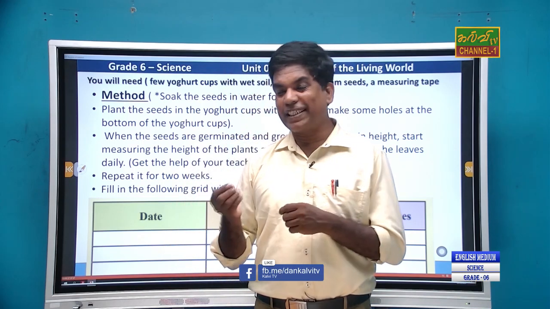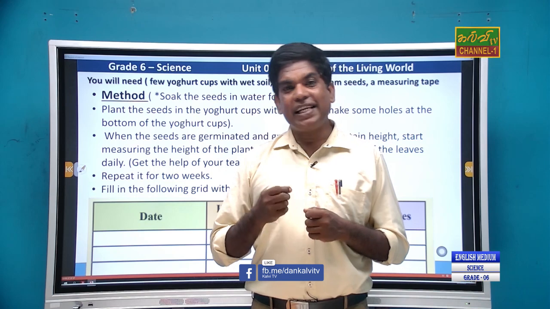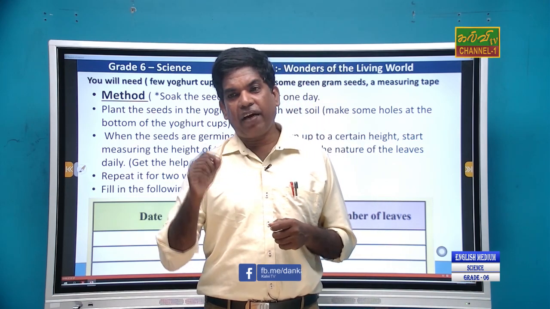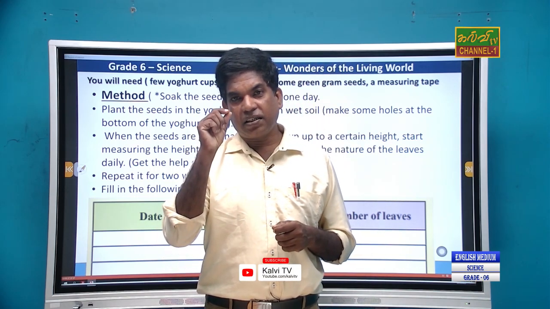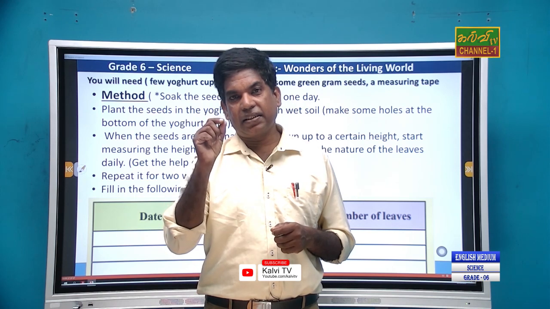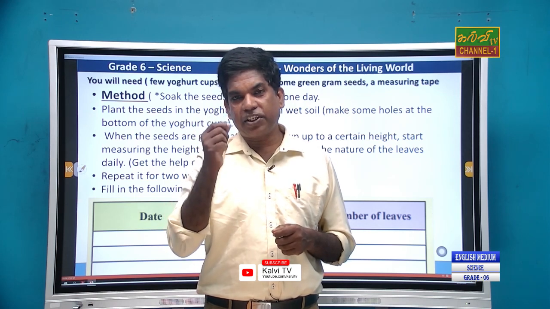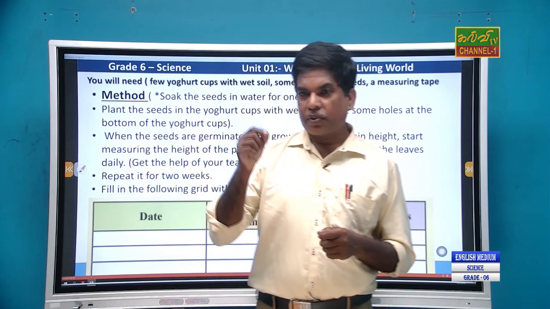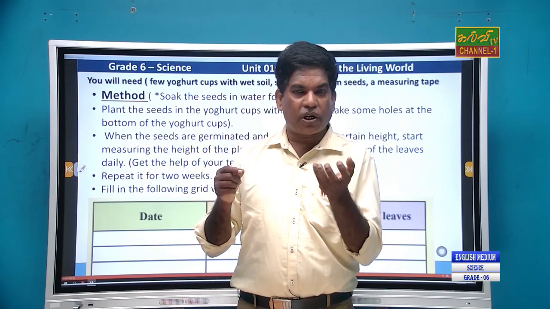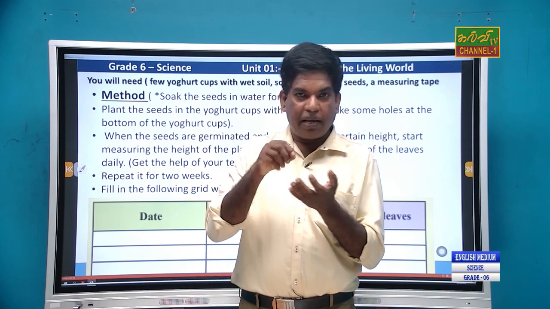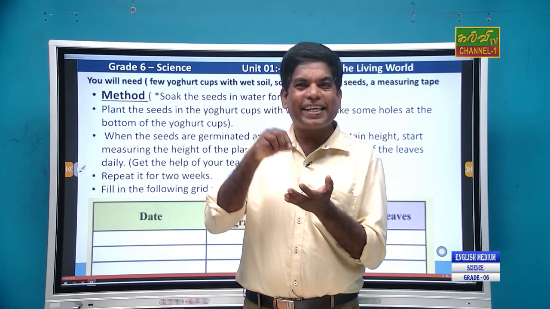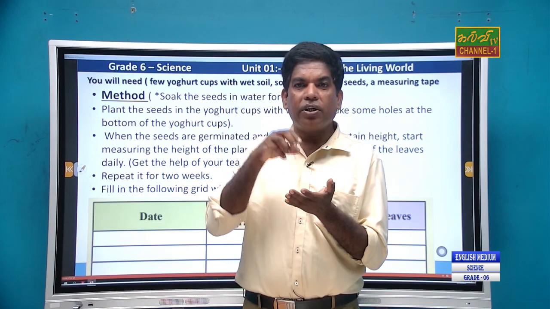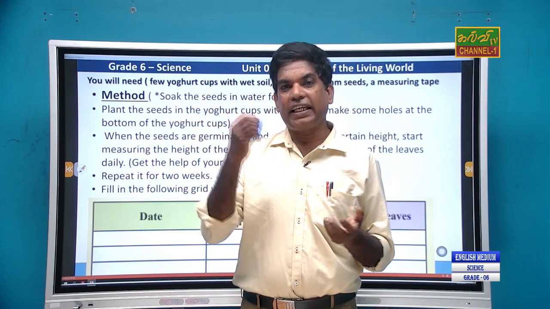By using seeds. Initially, first we have to take suitable seeds. After that, you have to take a small yogurt cup and keep some water, because wet condition is important to germinate the seeds.